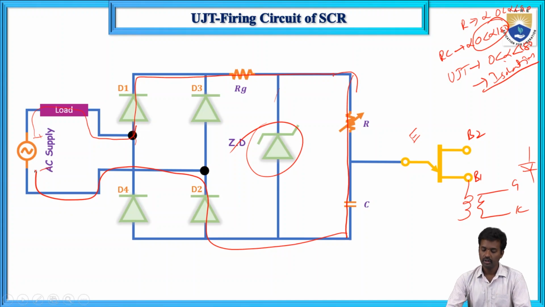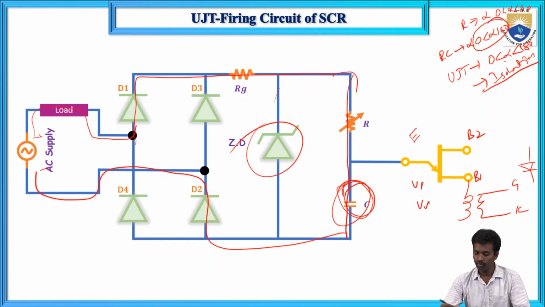When the capacitor voltage attains some value, it has a peak value VP and a valley value VV. When the capacitor voltage exceeds the VP value, the UJT is turned on, and that is given to the pulse transformer.